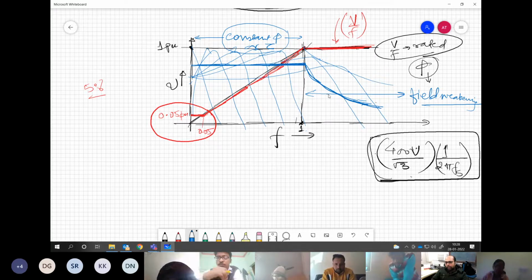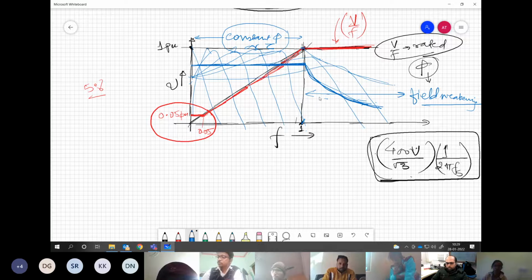So this is going beyond the rated value of your frequency of operation. You understand this point clearly? So torque, as I said, it will be maintained constant up to this point and then it will degrade similar to how flux is degrading because it is directly proportional. Fine?